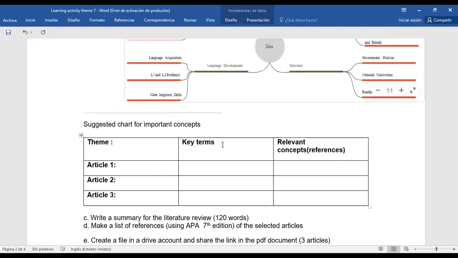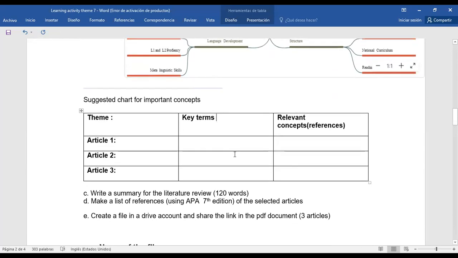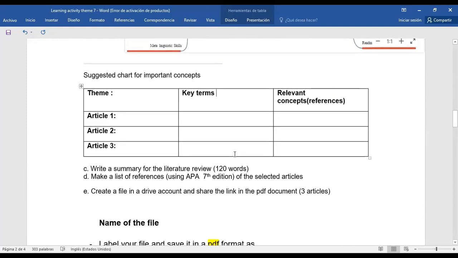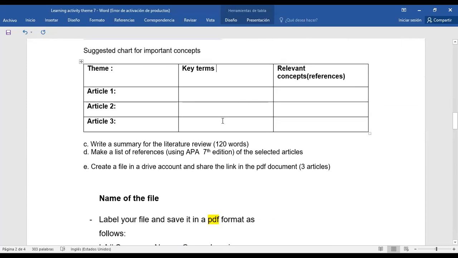I think on average 5 is a good number of terms. But I don't want to give a number because you will say, okay, I don't have 5, I have 10. It can happen. It depends on the study. Okay. Let's see. Any other question?